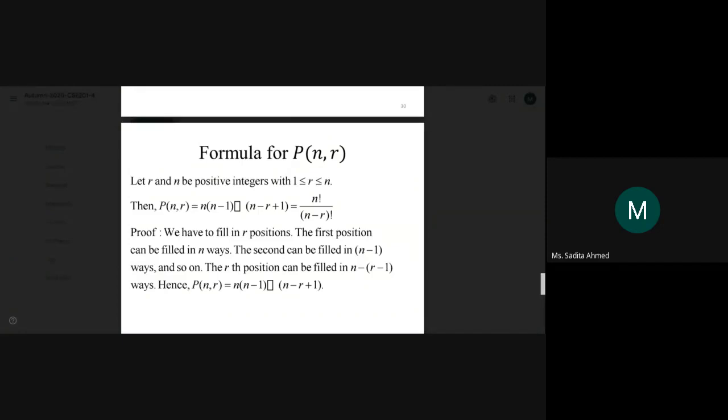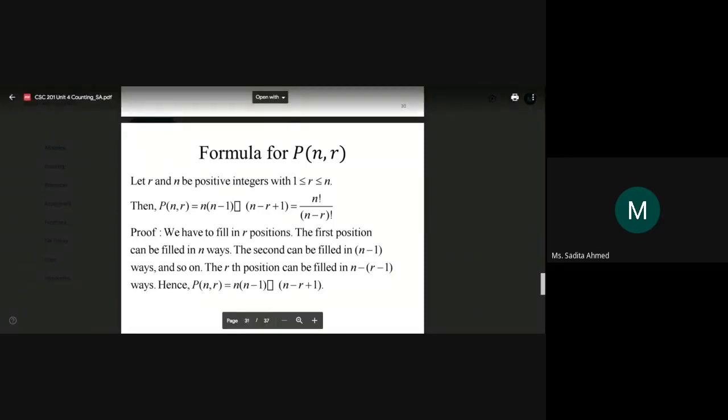So we are not having any repetitions here. That is one of the basic foundations of this formula. Permutations, yes, but no repetitions are allowed. For the first position, there were n ways. For the second position, there were n minus 1 ways. Why? Because the first choice cannot be repeated.